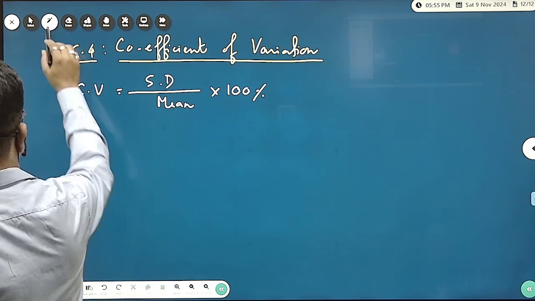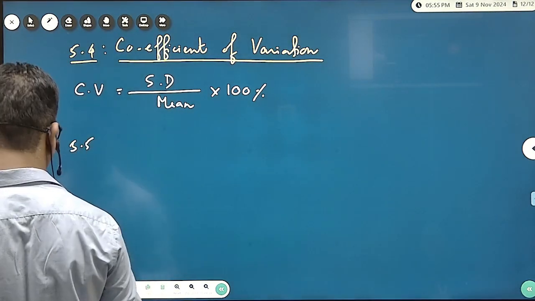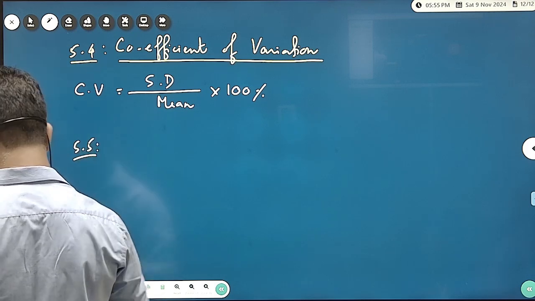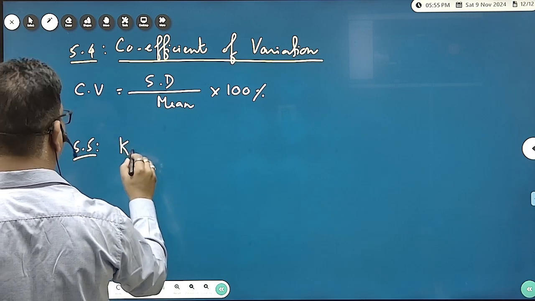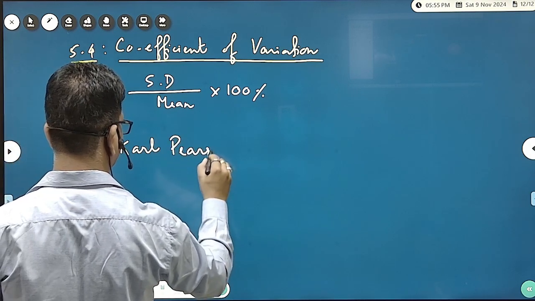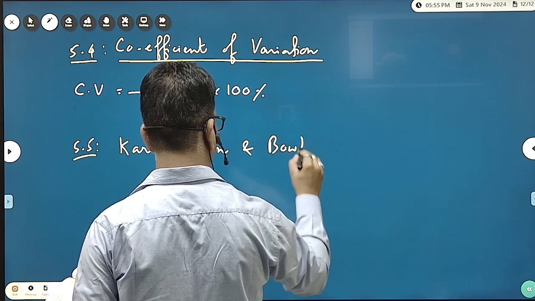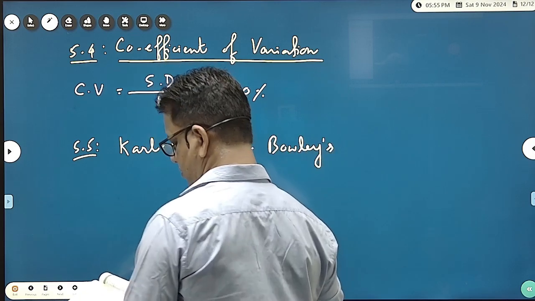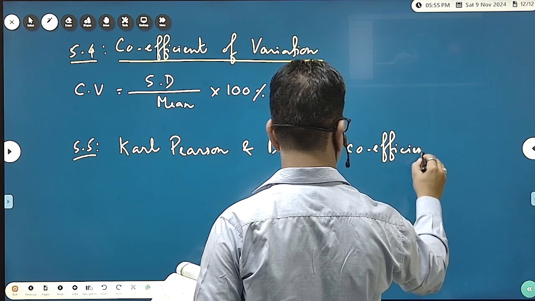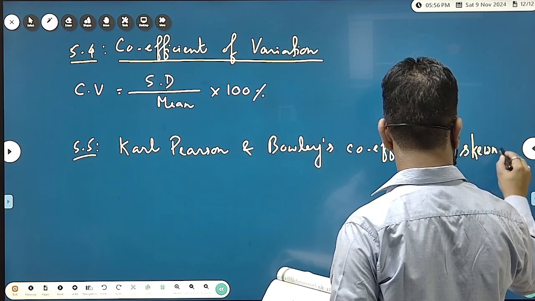In 5.5, we have Karl Pearson's and Bowley's coefficient of skewness. This is the topic.